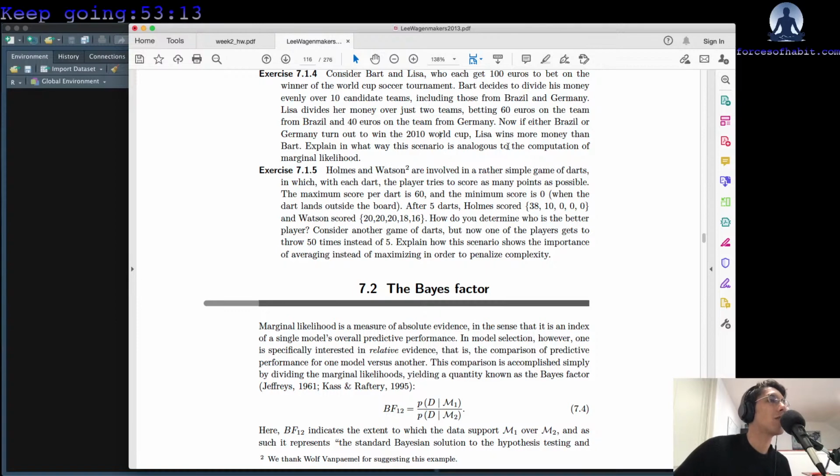She would have a larger marginal likelihood than Bart, because Bart's marginal likelihood would be smaller, because it's accounting for the complexity of both the broadness of his priors and the number of predictions he's making. So don't hedge your bets, because you're spreading resources, is the ultimate message there.